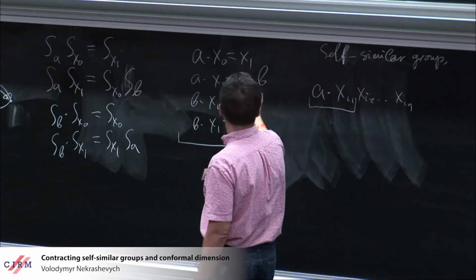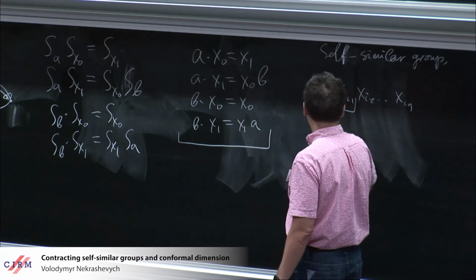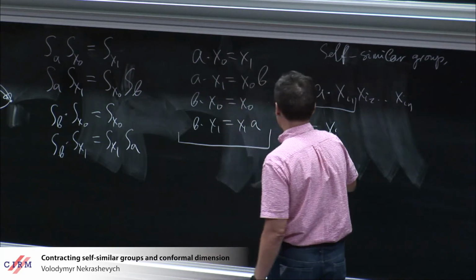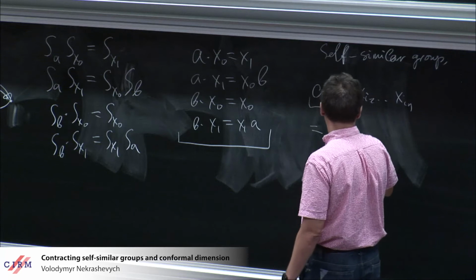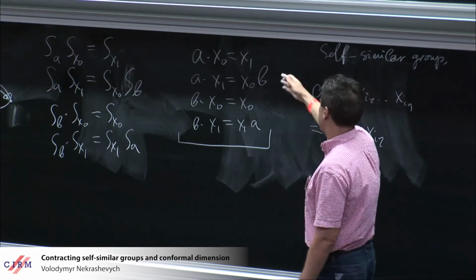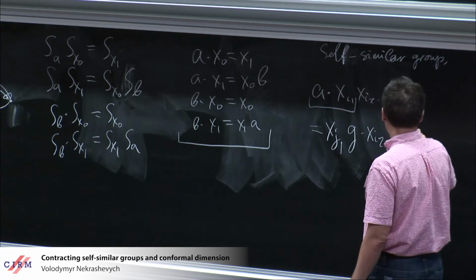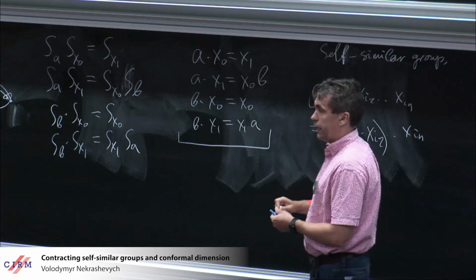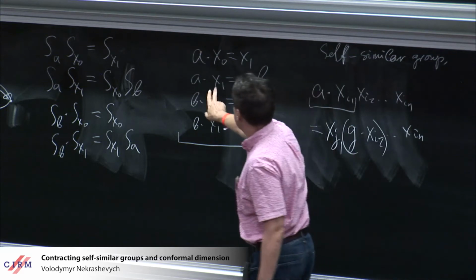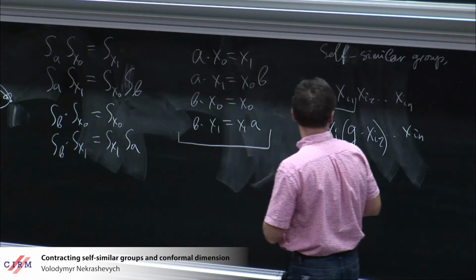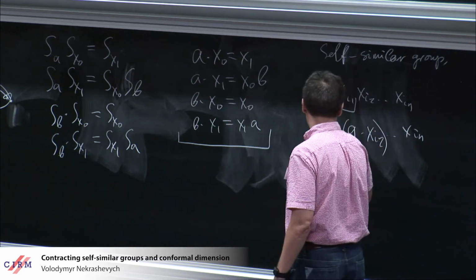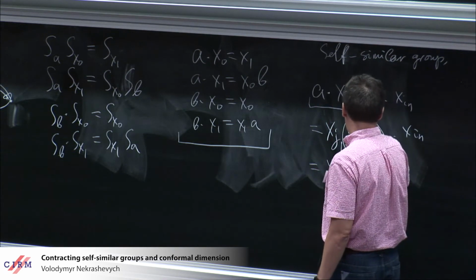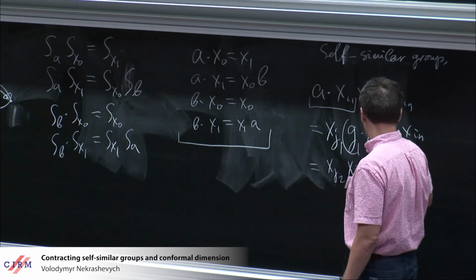You can rewrite it now as xj1 times some group element, a generator A or B or identity. Then again, you can rewrite this using the same formulas. Again, you can switch the letter and the group element, this x and a generator of the group, and rewrite it again as some other letter and some other element of the group.